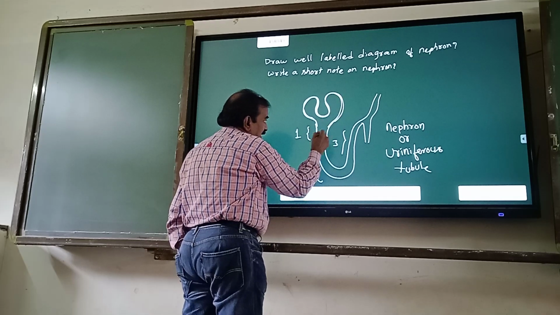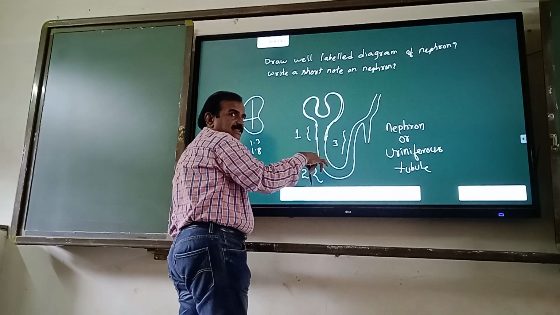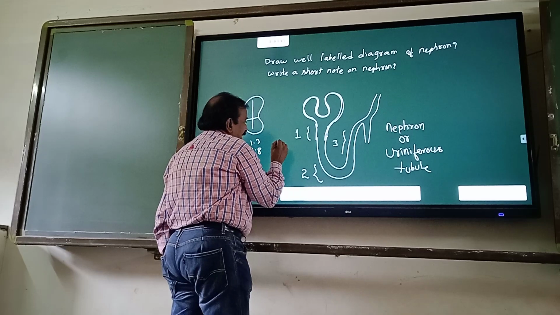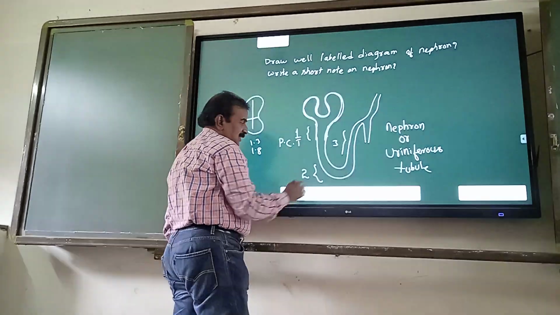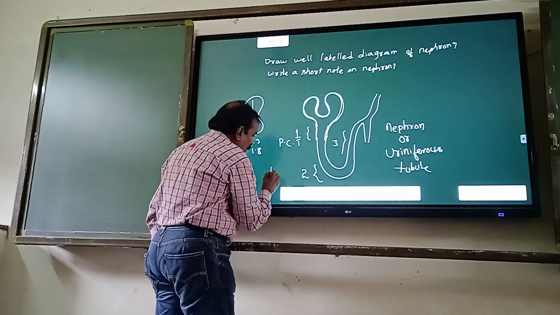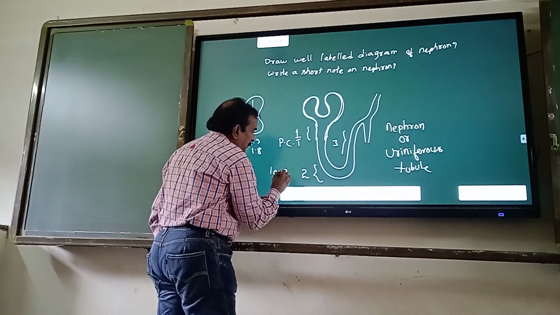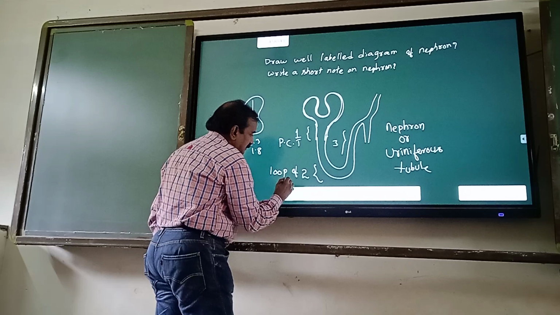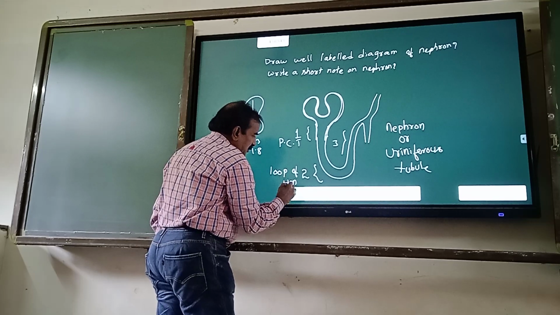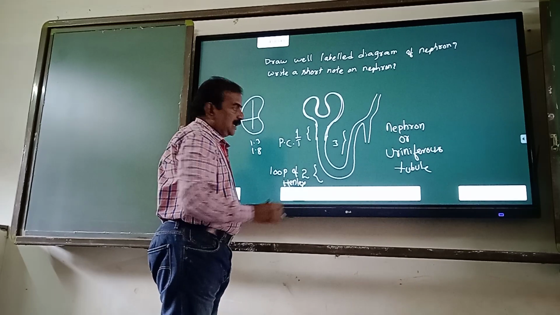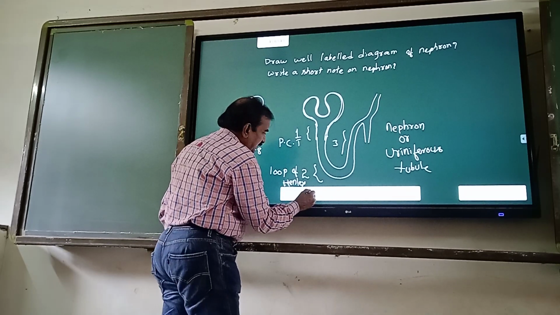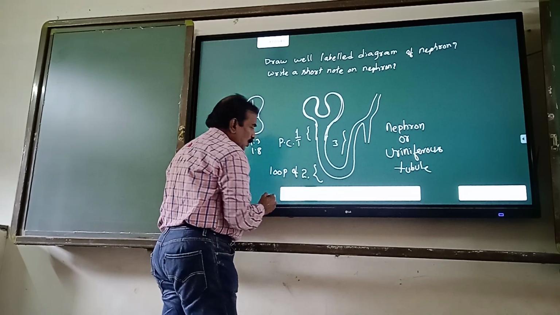And Bowman's capsule is extended as number one, called PCT. Number two is called loop of Henle, spelling H-E-N-L-E. Say, loop of Henle.